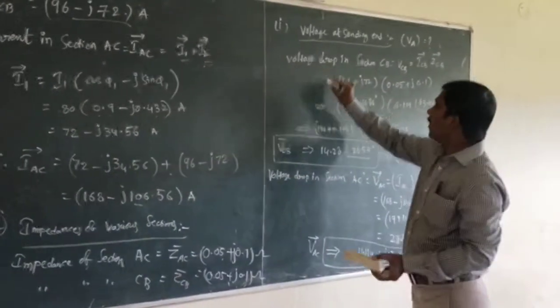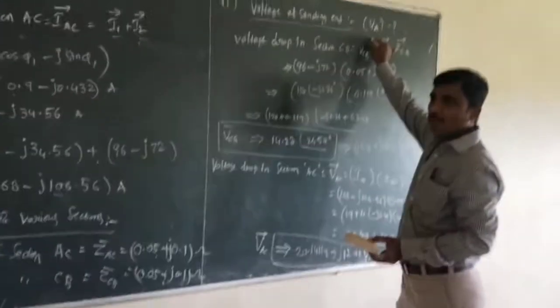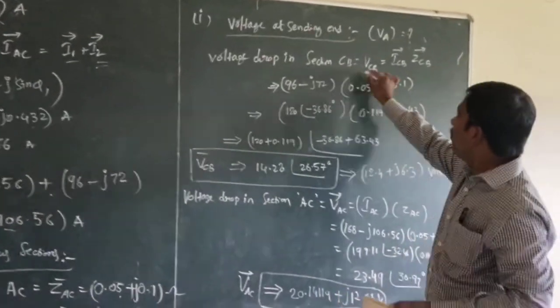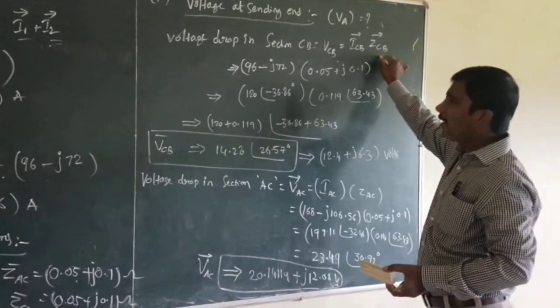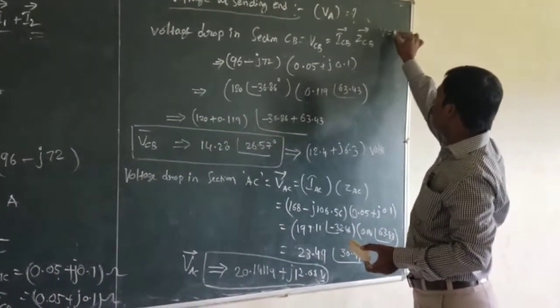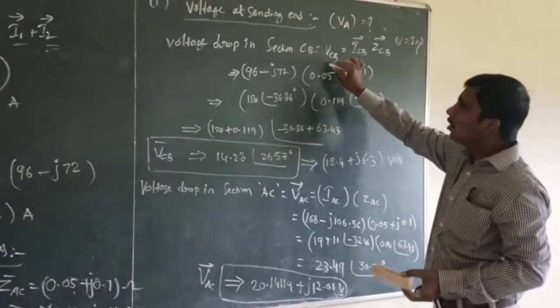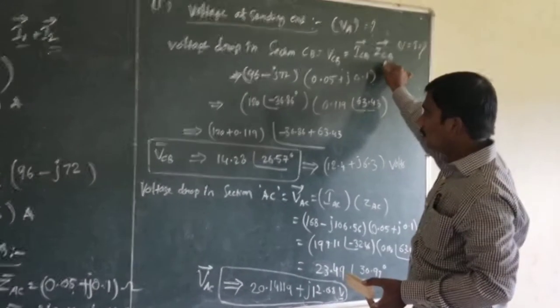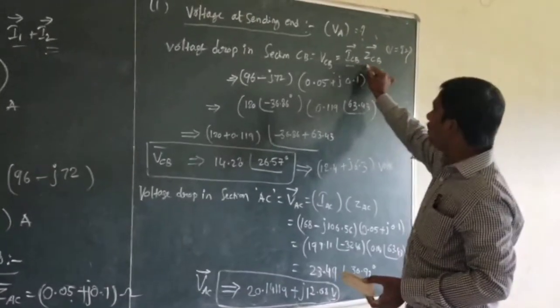Now we go for the voltage at sending end VA that we have to calculate. Voltage drop in section CB, VCB, equal to ICB into ZCB, because V equals IZ. We have to multiply the ICB vector and ZCB vector.